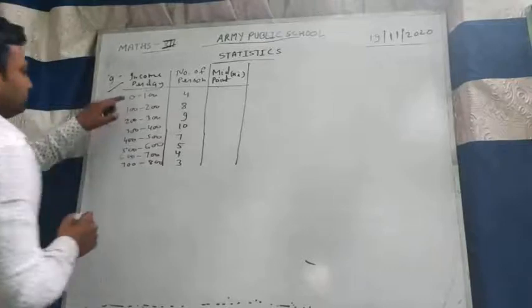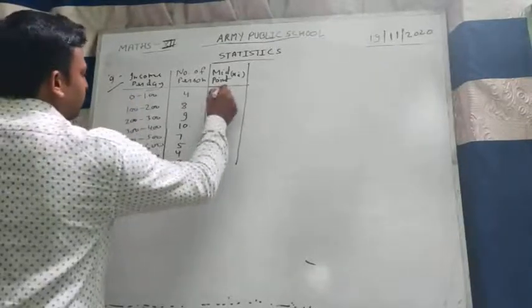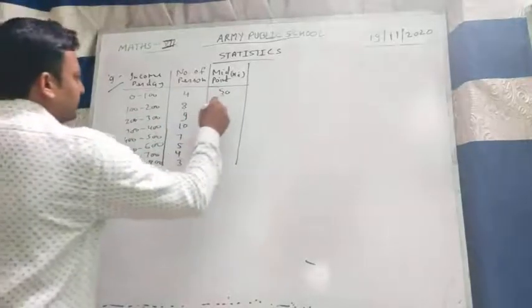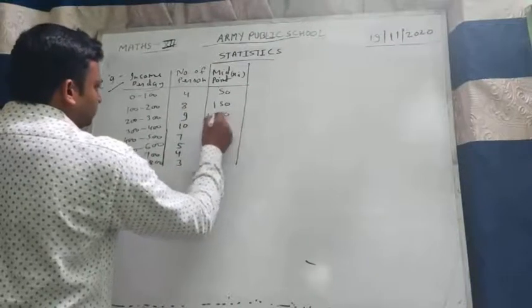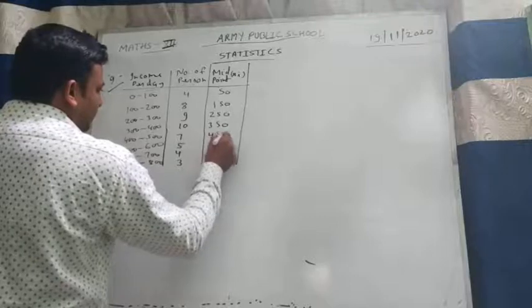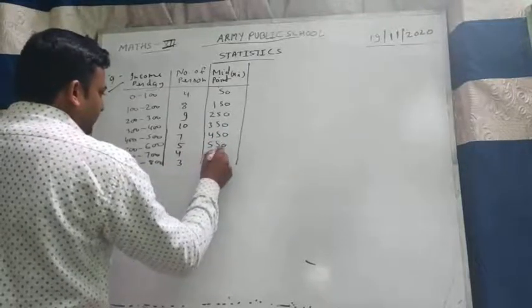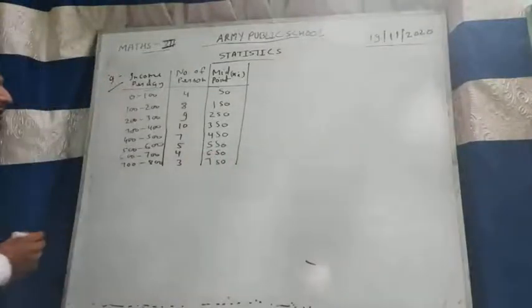It will be lower limit plus upper limit upon 2. So it will be 50. Again 100 plus 200 upon 2, 150. Next will be 250, 350, 450, 550, 650 and 750. So this is our xi.